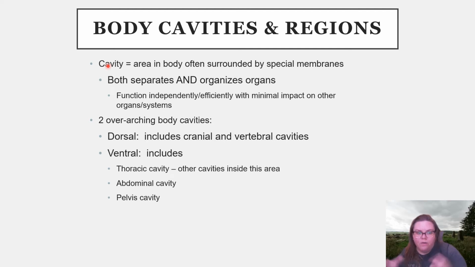There are two overarching body cavities, your dorsal, which includes the cranial and vertebral cavities, as well as the ventral, which includes the thoracic cavities, the abdominal, and the pelvis or pelvic cavity. There are other cavities inside of the thoracic, but we put it together.